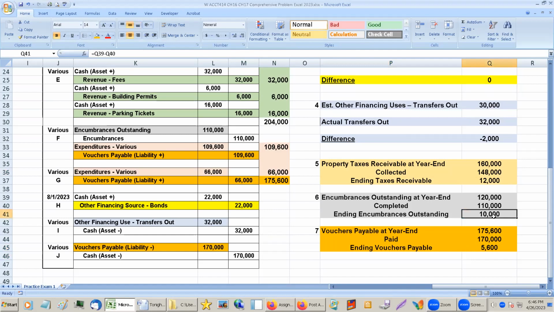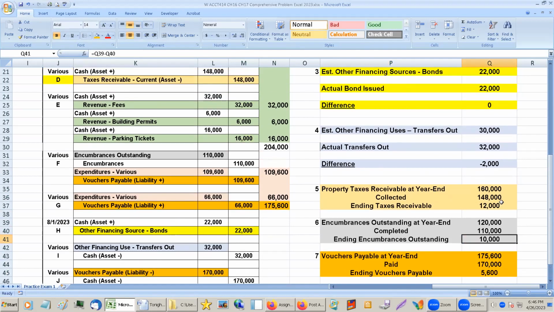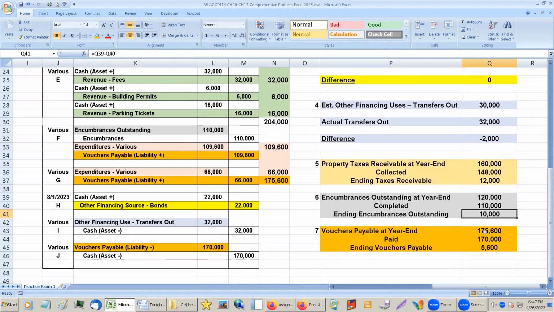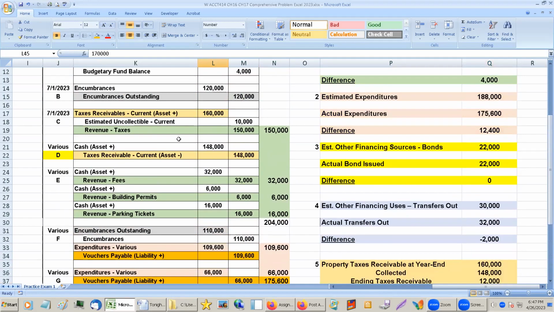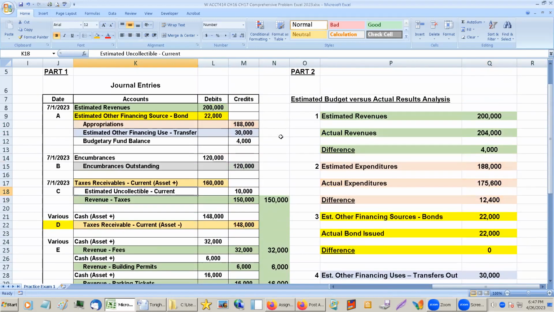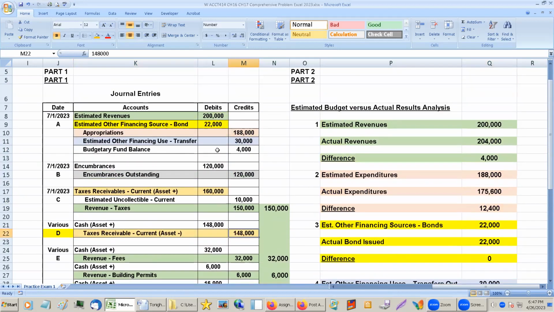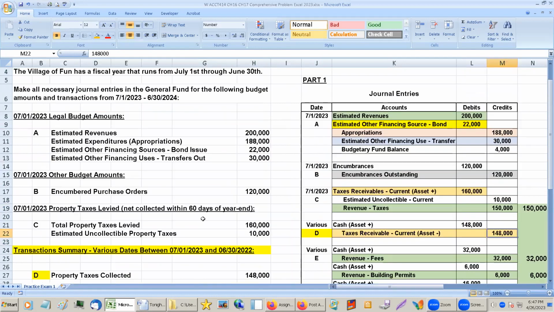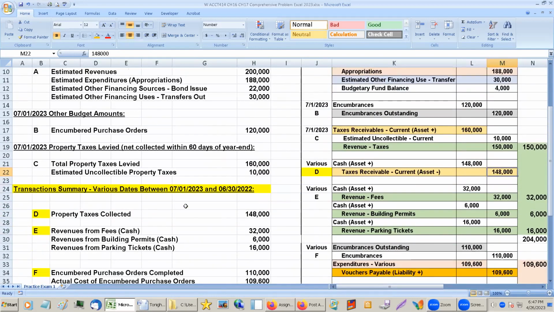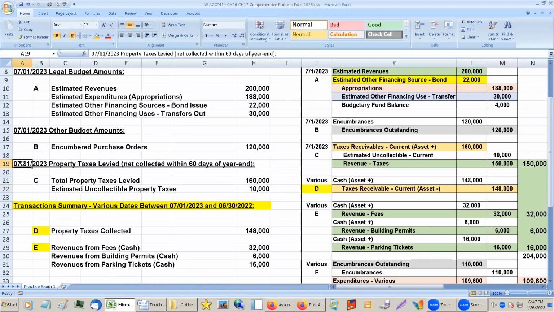So these are kind of questions they would have in the CPA exam, either through drop down or through multiple choice questions. And so these vouchers payable going to the next year, they would still be paid out of the budget. And remember that, for instance, these taxes that are coming in, so far they've collected 148,000 of them, but they will still be collecting these up to 60 days into the next year.